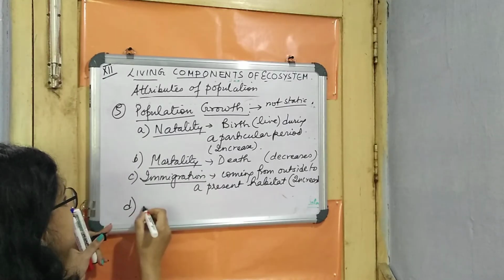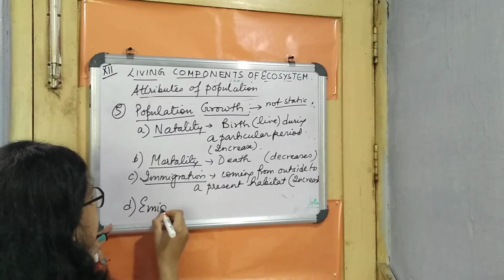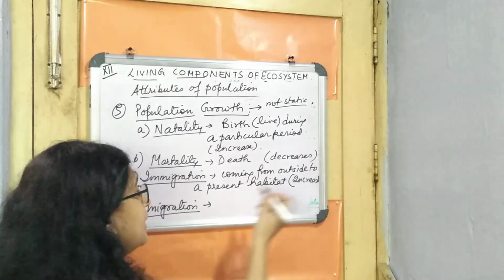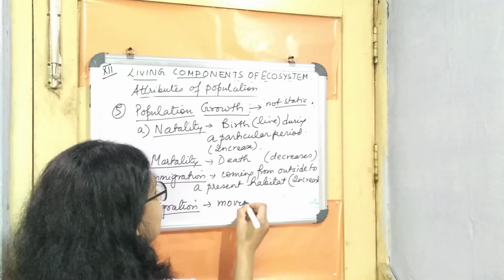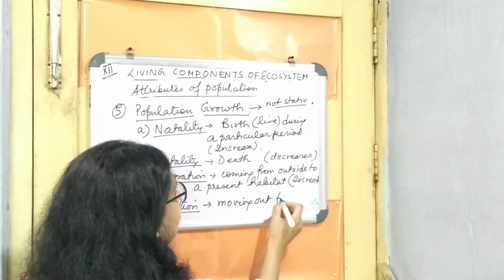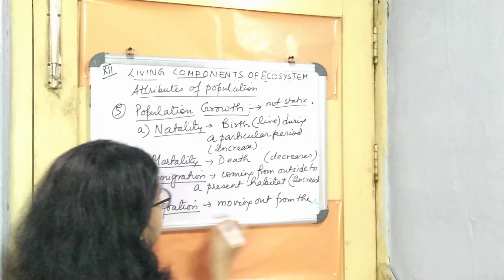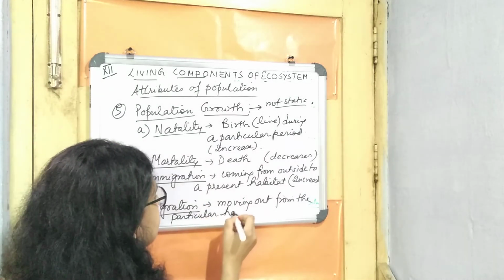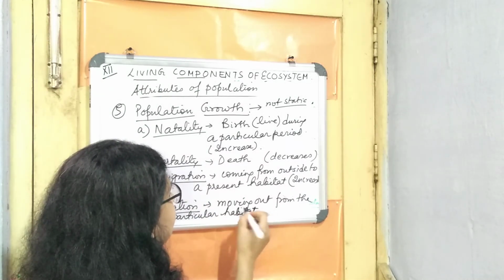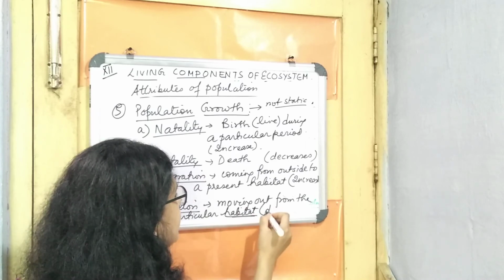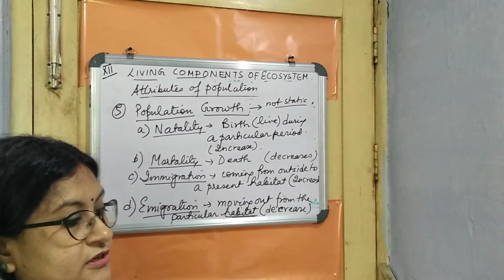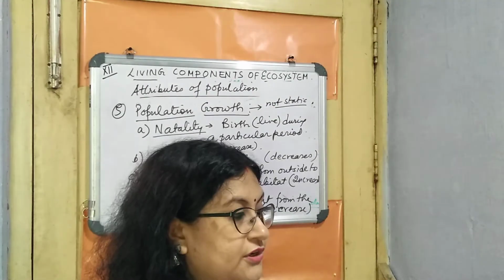And the last one is emigration. Emigration is if someone is moving out from the particular habitat. So when someone is moving out from the habitat, for this habitat there will be a decrease in population, right?